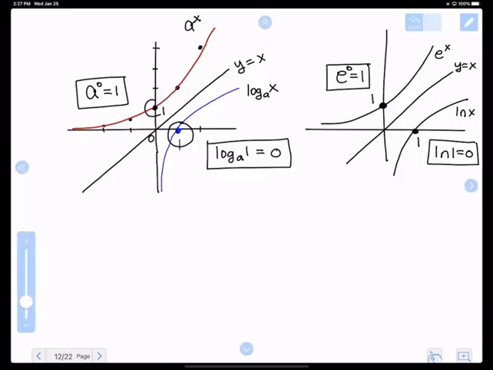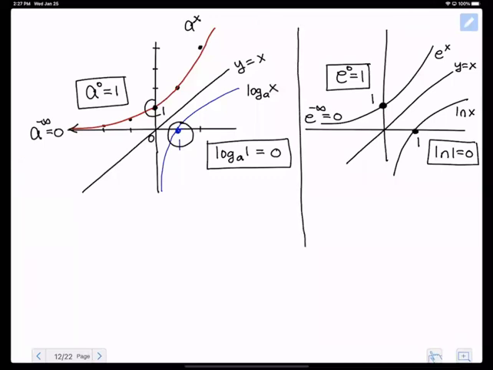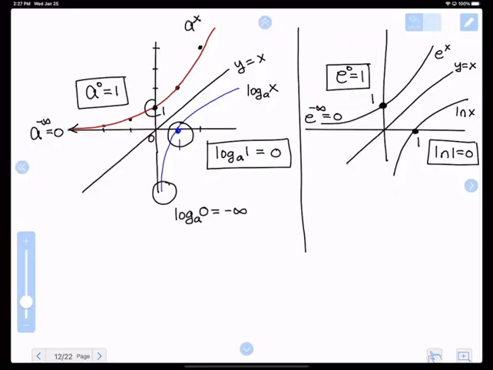Next one, this behavior: a to the power negative infinity is 0. Same thing, e to the power negative infinity is 0. So instead of a, we have e. There are two parts here, and the corresponding part is this. Log base a of 0 is negative infinity. Remember, x and y are interchanged.